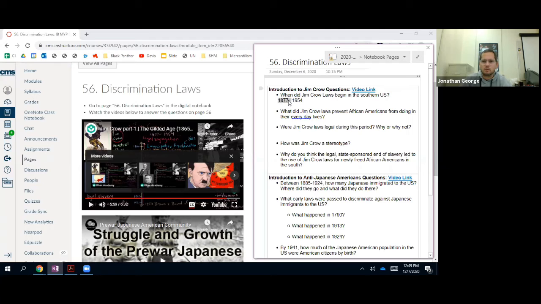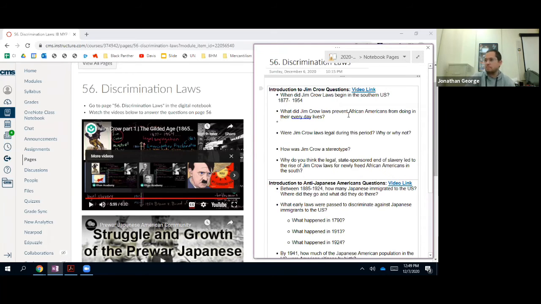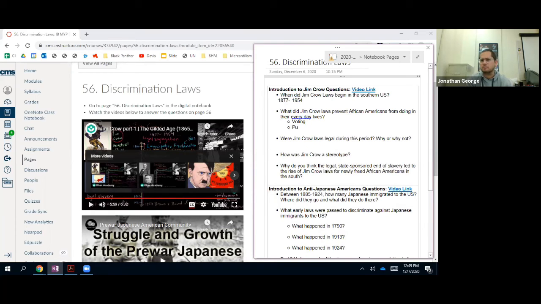What things can we add to that list? Yeah, voting rights. Honestly, that's a lot of it. A major part of it was voting rights. But then yeah, you do get into things like public accommodations, right?